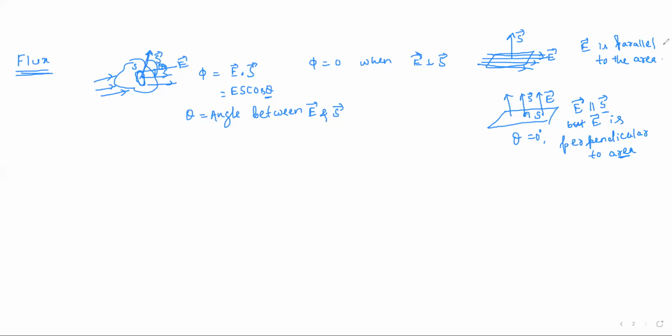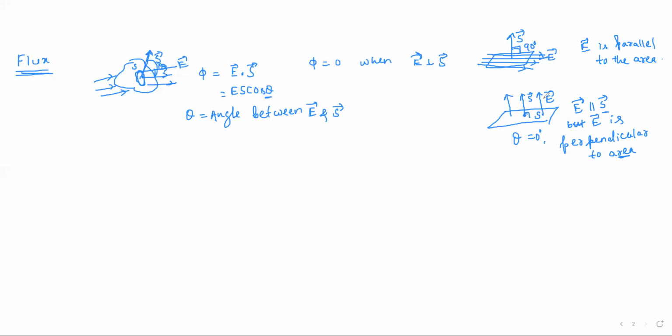Area vector means perpendicular to the area, and we always consider the angle between the area vector and the electric field. Here we have to consider 90 degree. And in the parallel case, theta is 0 degree. So numericals are there related to electric flux.